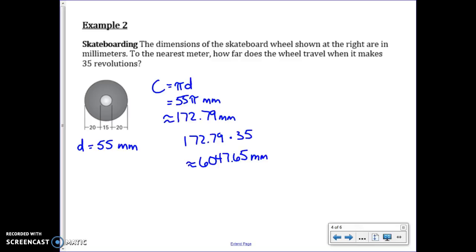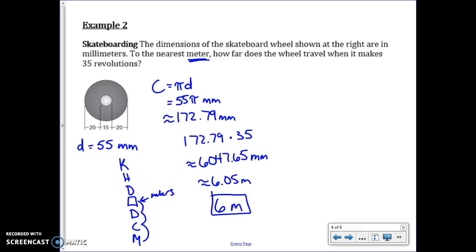We have to do some conversions here because it wants to know to the nearest meter. We're going from millimeters to meters, so 3 decimal places, or we would divide by 1,000. So we get about 6.05 meters, but it says to the nearest meter, so your answer here would be 6 meters.